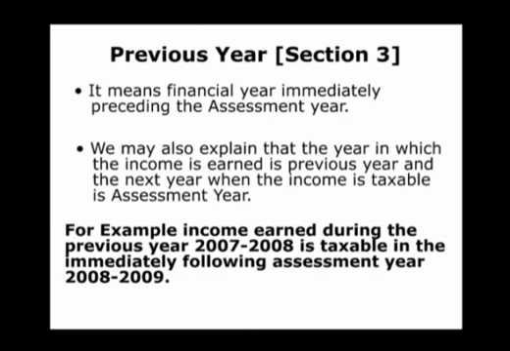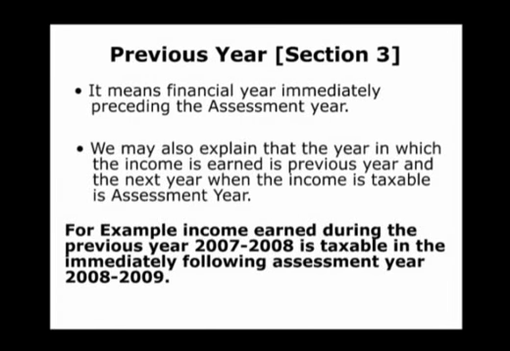For example, income earned during the previous year 2007-2008 is taxable immediately following in the assessment year. So in this case, you have earned the income in the previous year 2007-2008, and this income shall be subject to tax in the next year, which is called 2008-2009.